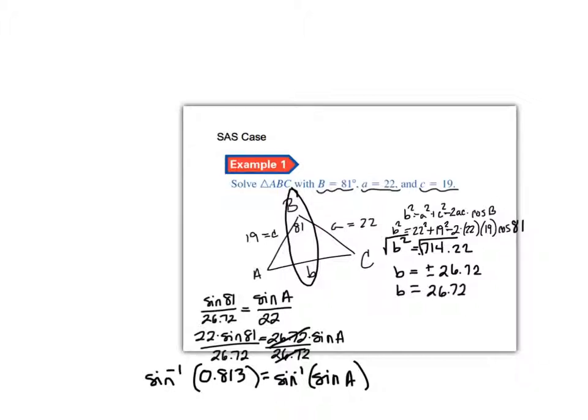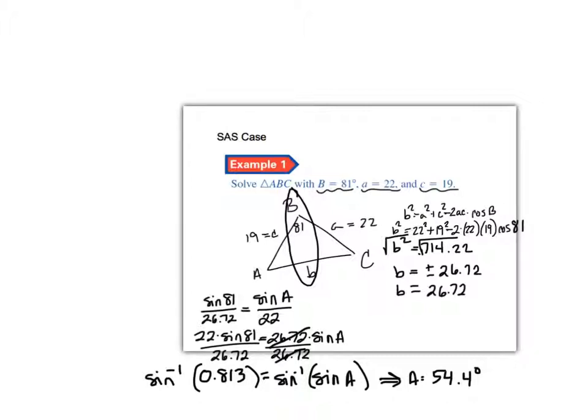I put that into my calculator, and wait for it. I get 54.4 degrees for A. All right, A equals 54.4 degrees. Okay, cool. So then the last thing we have to do is to solve for angle C. We just did angle A. And there's a couple ways, and I debate this.